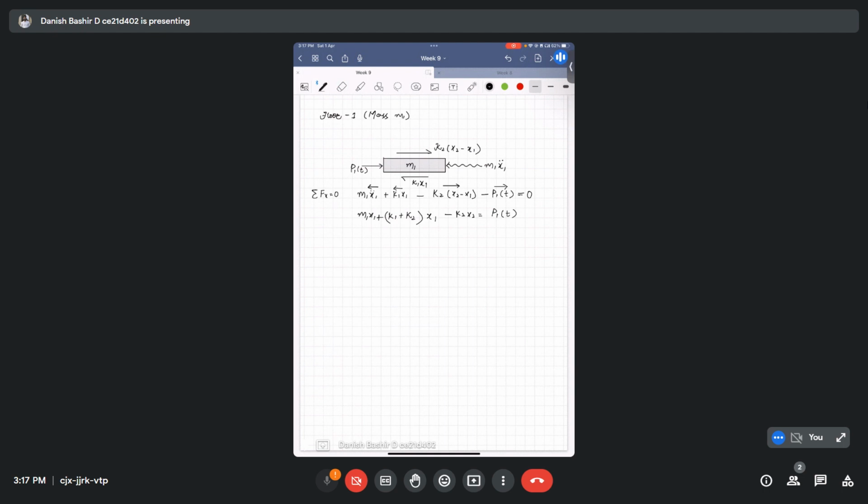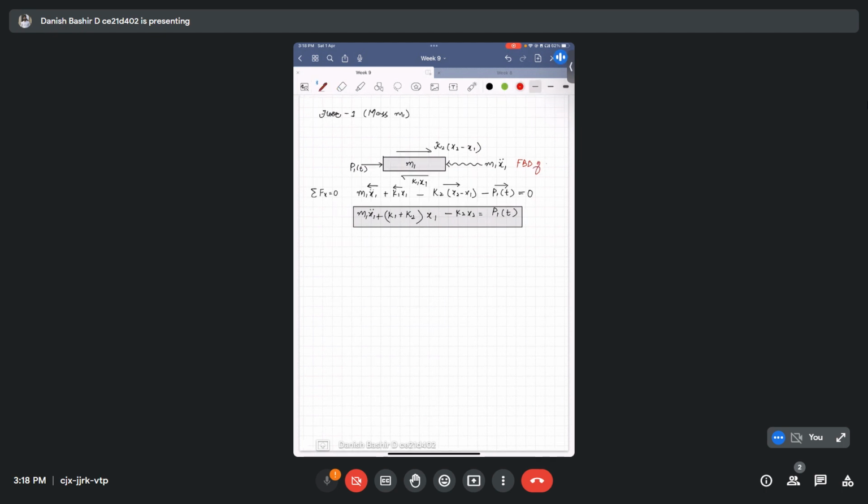m1 x1 double dot. Okay, so writing the equilibrium equation using the free body diagram, this is the FBD of m1.